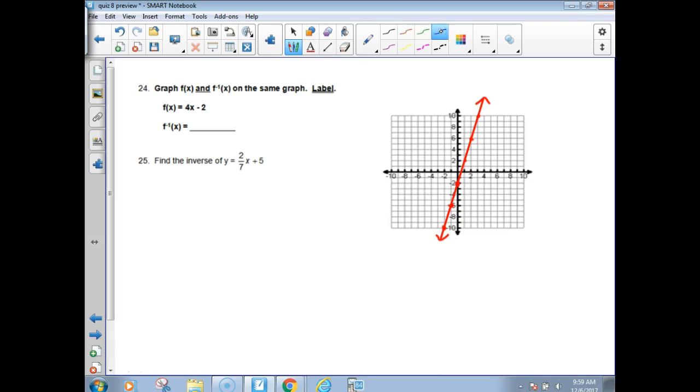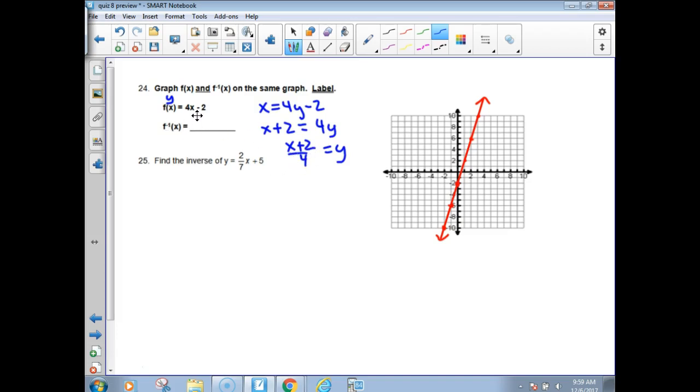All right, now I'm going to find the inverse of that. So to find the inverse, you switch x and y. So it's going to be x equals 4y minus 2. Add 2. Divide by 4. Okay, so f inverse, and I'm not going to leave it x plus 2 all over 4.